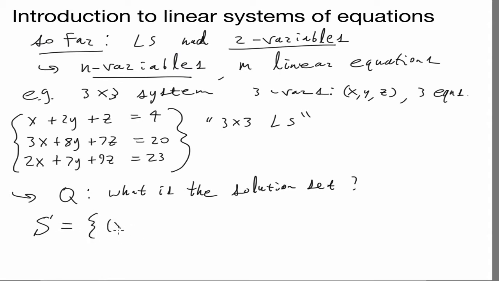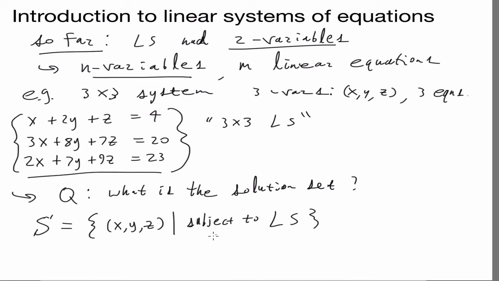Of course, it's going to be ordered triplets x, y, and z, subject to whatever the linear system is. Okay, that it satisfies this linear system up here. And so that's the type of set we're looking at.